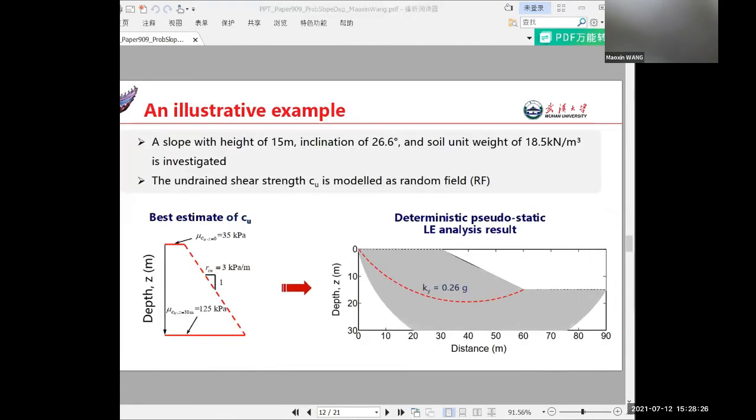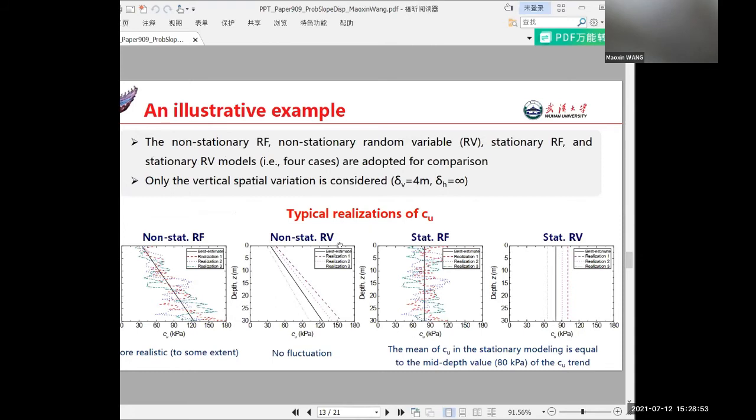A slope with geometry and the statistics of Cu shown in this figure is investigated. These are the best estimate values of Cu, namely the mean values of Cu. Then, after the LEM analysis, we can estimate the yield acceleration as 0.26 g. We have considered 4 random models for comparison.